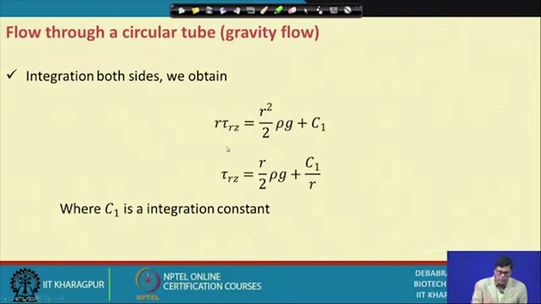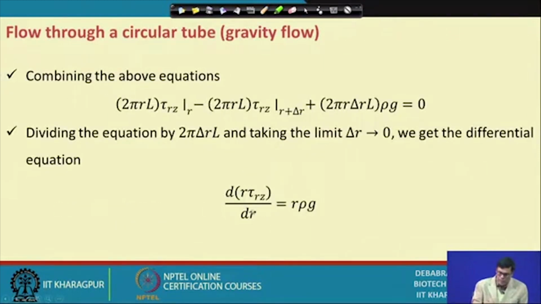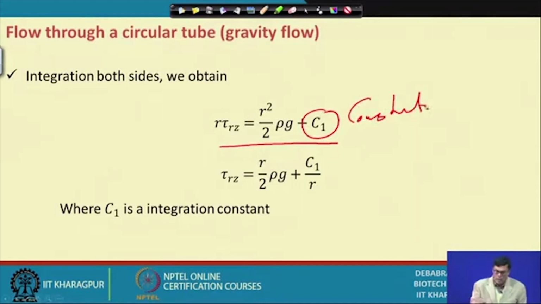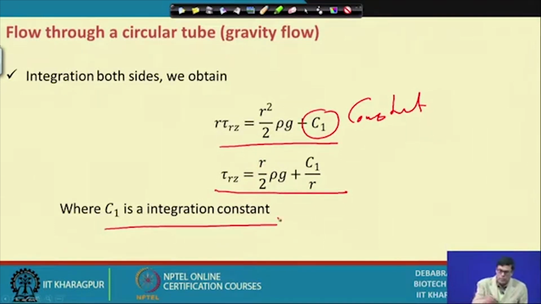Then through integration, if you look here, this is like this. If you do the integration, we get this equal to C1, a constant, am I right? Then if you divide by R, you will get this equation, where C1 is the integration constant.